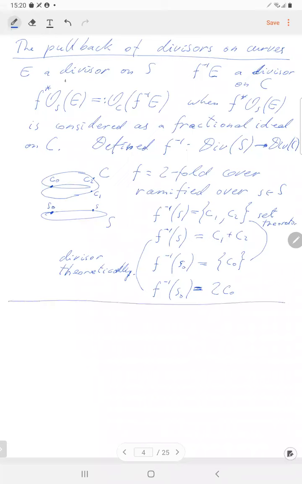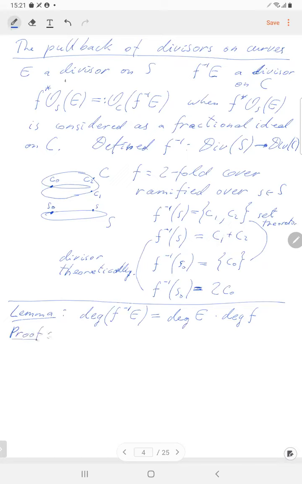Okay, and now the key lemma for preparation to degrees calculation is as follows: the degree of this pullback divisor is the degree of the divisor E itself times the degree of our map F. So in the above example, the degree of F was 2, and clearly we had this formula. Now let's prove it in general.